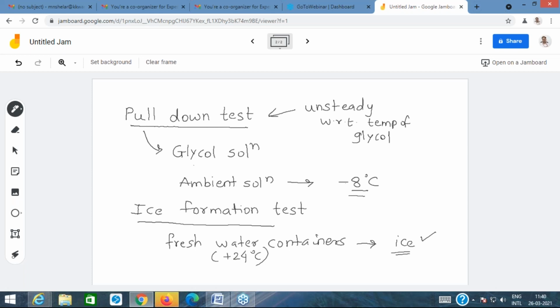So this is the practice in the ice factory. The fresh water getting converted to ice is the ice formation test, right?